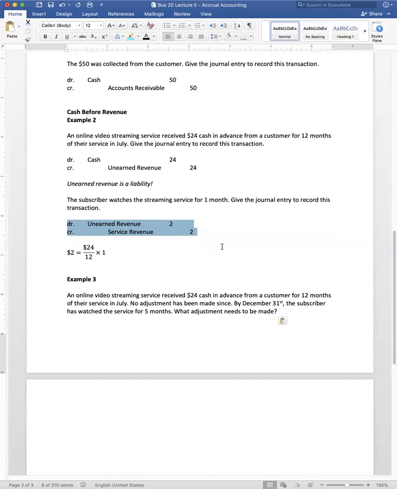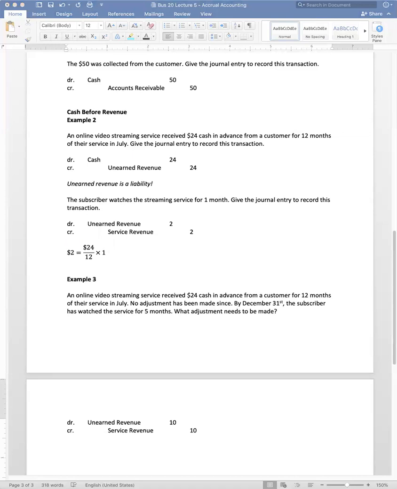All right, so I don't want to do this entry 5 times, but I could do it once for 5 times the amount. So instead of doing 5 entries that record revenue for $2, I can do 1 entry that records revenue for $10, 5 times the amount. And just to show where that $10 came from, right?